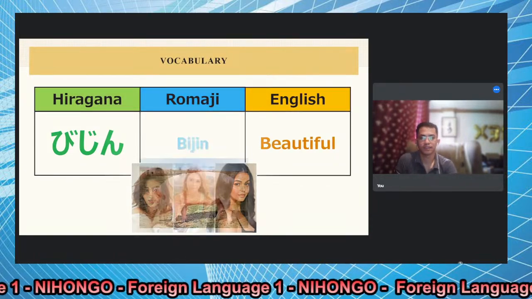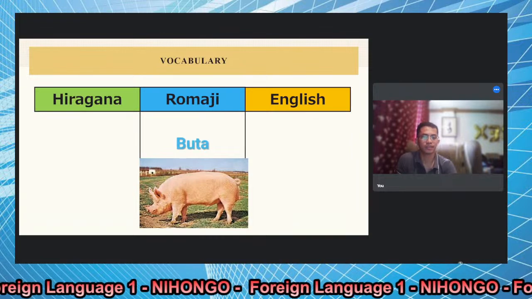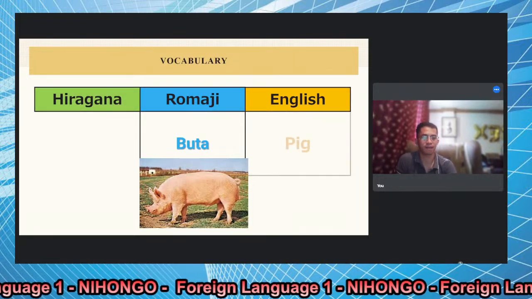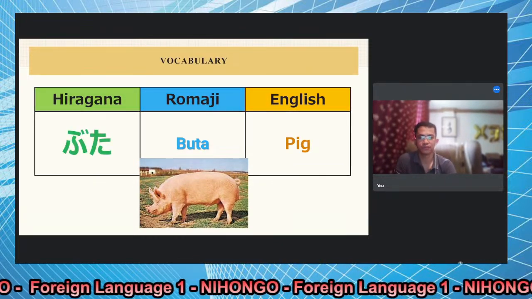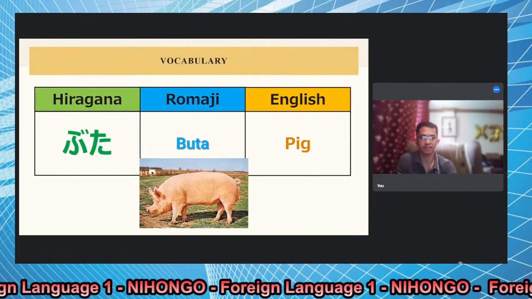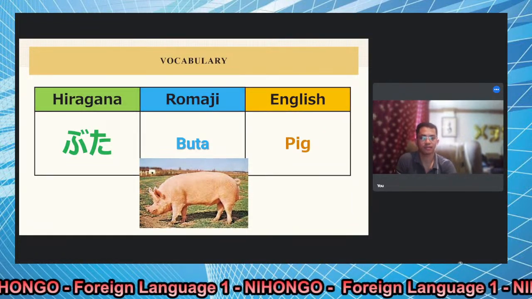Okay? Next word. Buta. Buta in English is pig. And it is fu plus tenten. So it becomes bu and then ta. Buta.